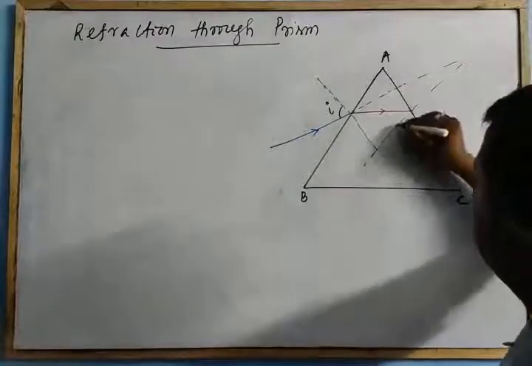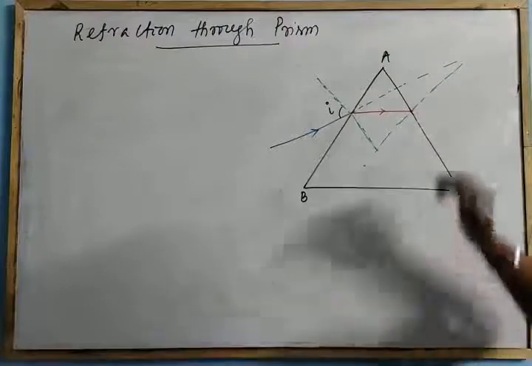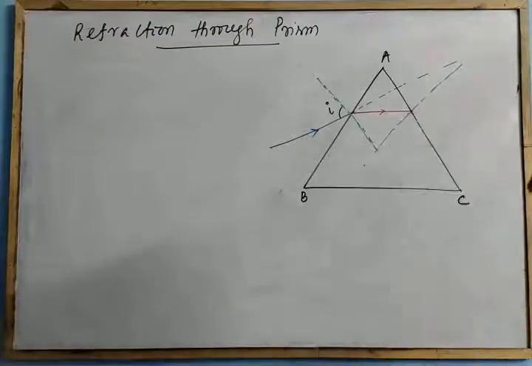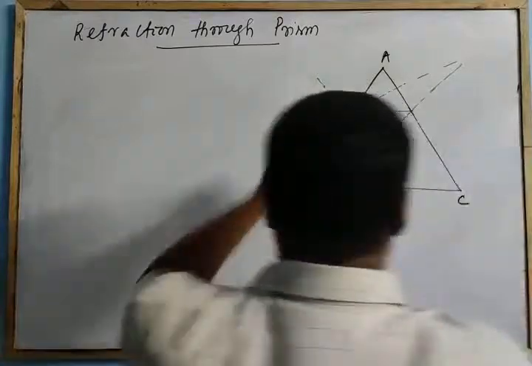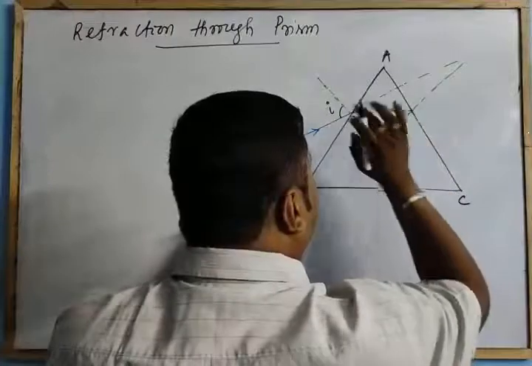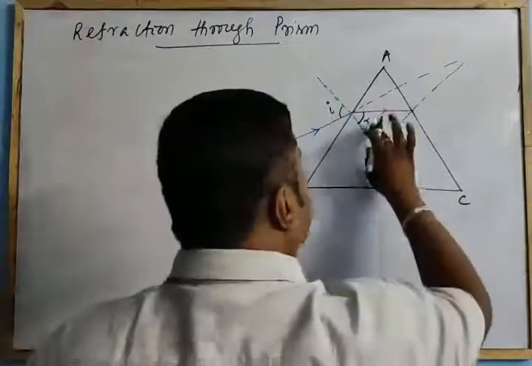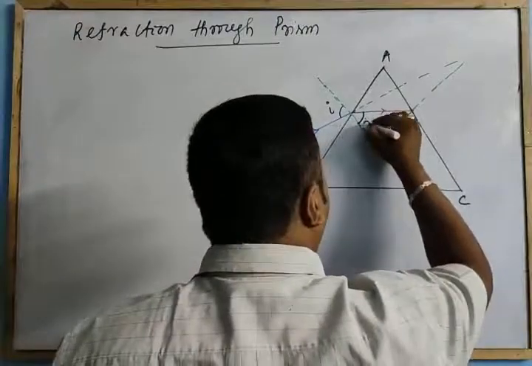like this, I draw a normal like this, and this is the normal here. So if this is the refracted ray, then I can show that if this is the angle of incidence, this is the angle of refraction because the ray is refracted. So let this angle of refraction be R1.